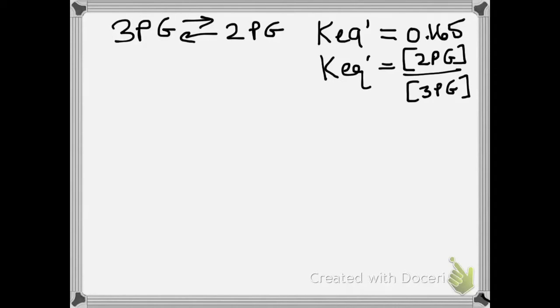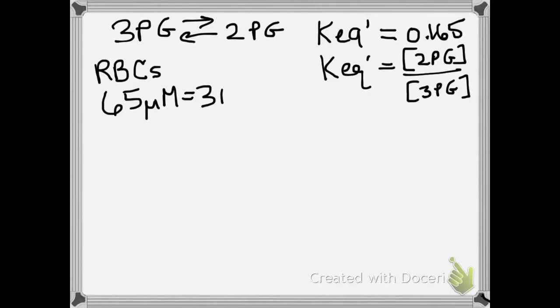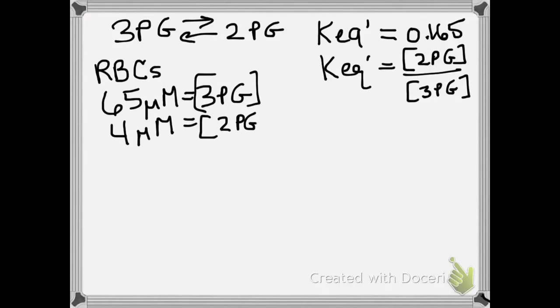Now, a couple of other things to note about this question that we're going to explore is that the question asks us to not only consider the equilibrium constant, but also to consider that in red blood cells, the concentration for 3-phosphoglycerate is 65 micromolar, and the concentration of 2-phosphoglycerate is 4 micromolar.